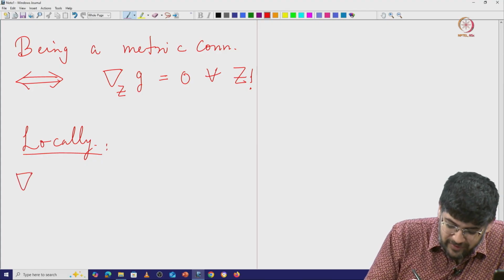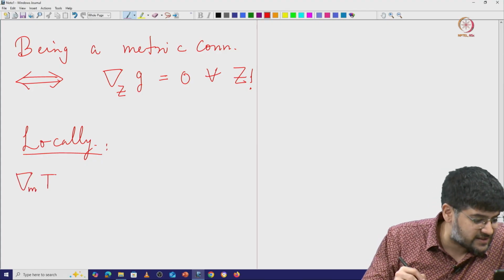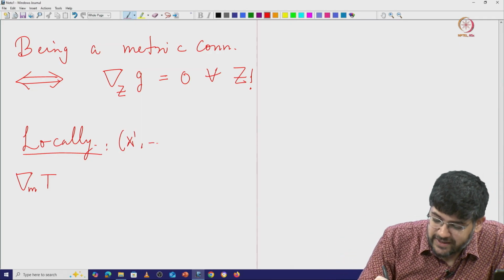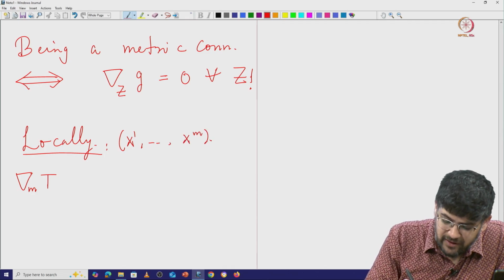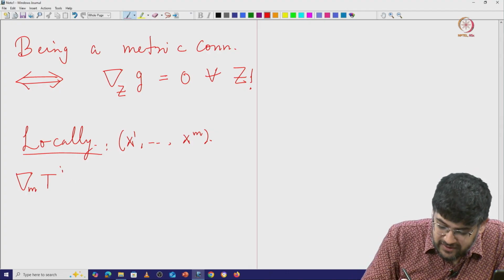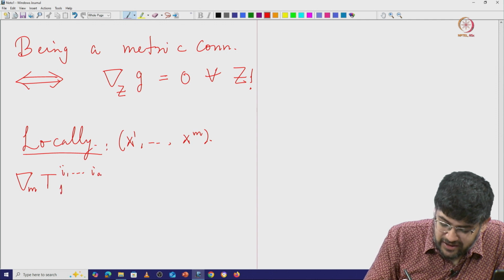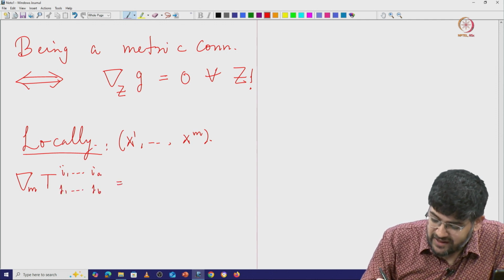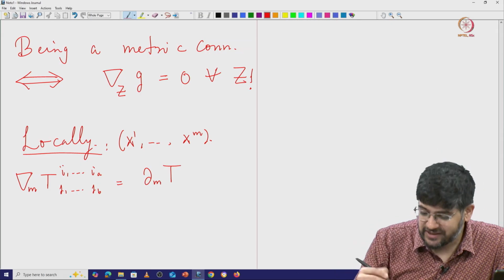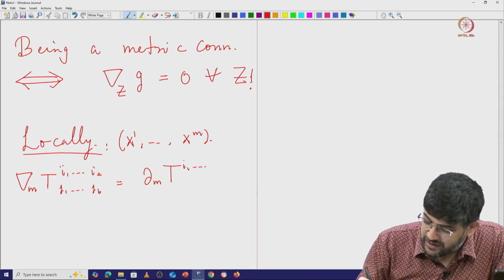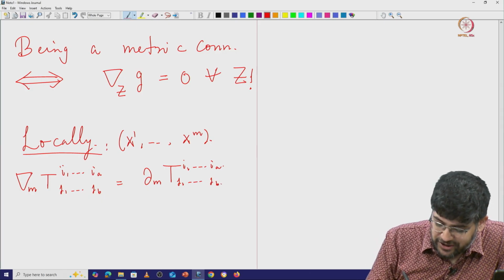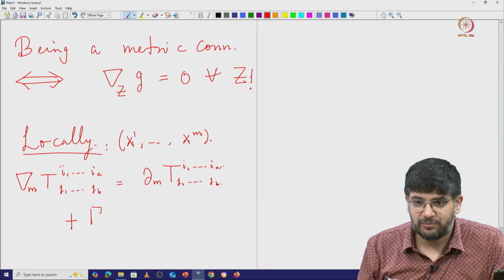So if you differentiate a tensor in the direction of delta m, where I am taking coordinates x1 to xm, then the I1 to IA, J1 to JB component of this tensor will look like the following. Of course the first term, up to zeroth order approximation, is the ordinary derivative of this component, but then there will be correction terms coming from the Christoffel symbols.